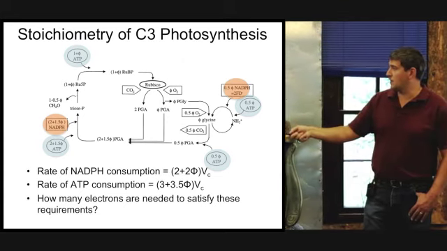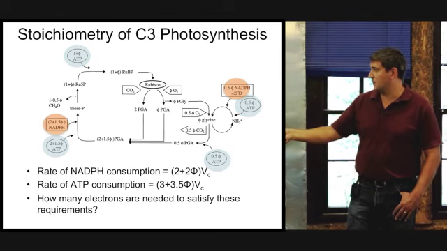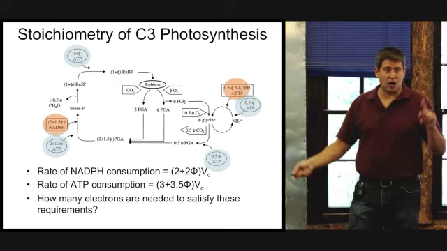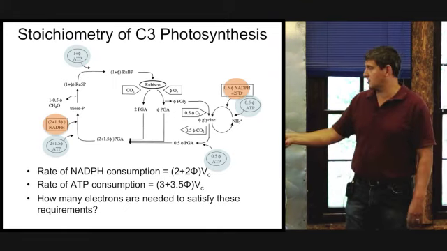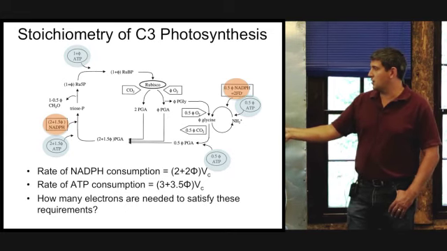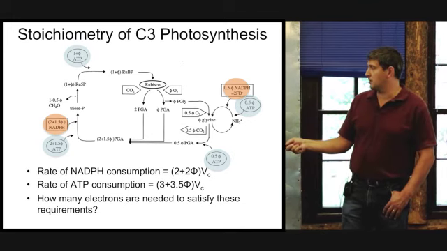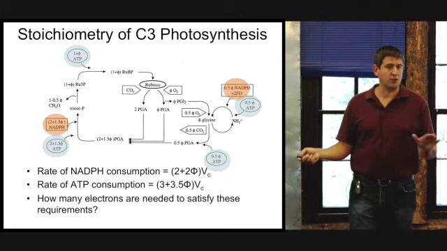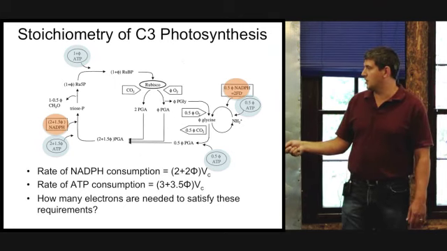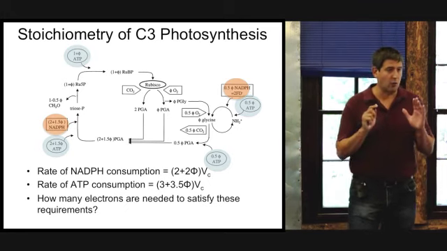So if you take all of these ATP requirements and add them up, you end up with the rate of ATP consumption: for each Vc, each carboxylation, you need 3 plus 3.5 phi ATPs. For each carboxylation, you need 2 plus 2 phi NADPH. So if you have 0 photorespiration, right, this phi goes to 0. Basically, if you're all carboxylation, all photosynthesis, you need 2 NADPH and 3 ATP. But of course, that doesn't happen in C3 leaves, so these are our requirements.